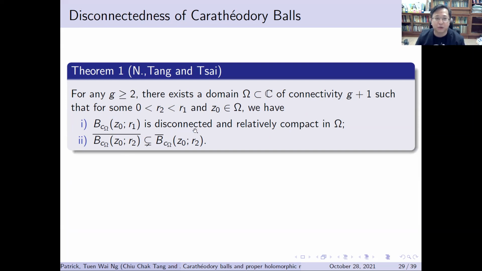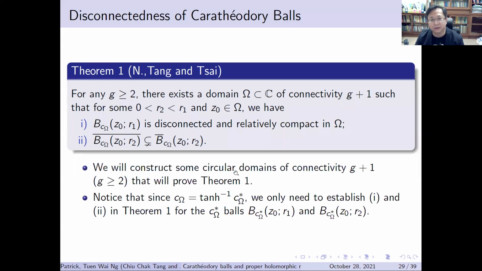So I'm going to mainly focus on how to get a disconnected ball for certain omega. Instead of looking at the Carathéodory metric, I'm going to just look at C omega star, and consider the ball given by this C omega star.